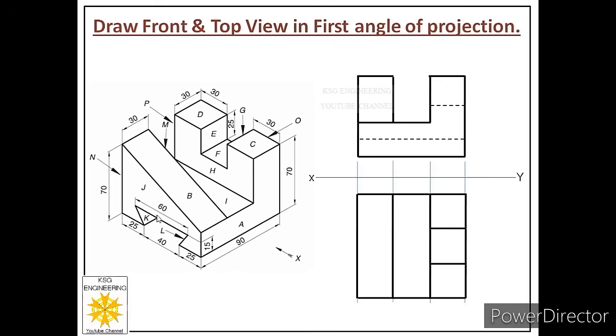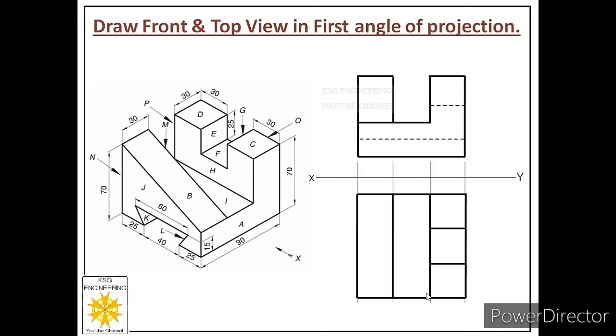So let us start with face K. Let us see how we can plot face K. It is very easy. Whenever we have to plot any face, we see how many points are there on that face. On face K, 2 points are visible, this point and that point. Pick any one point and locate that point in the top view. If I pick this point of face K, you can see this point is at 25 mm from the backside.